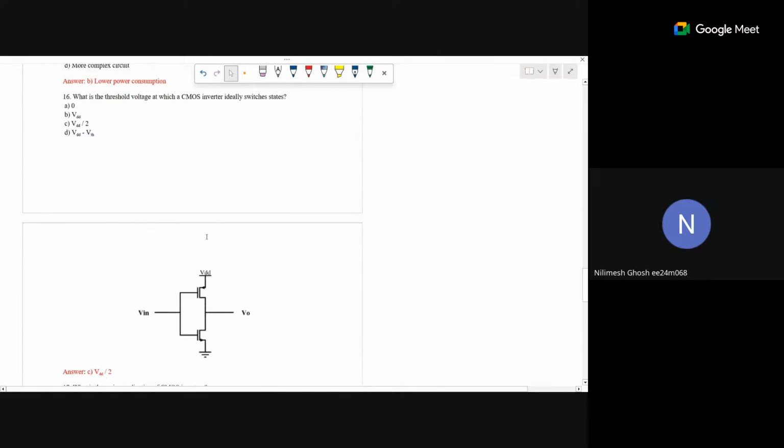Do you know what this circuit is? There is a special name for this circuit. CMOS inverter circuit. Yes.